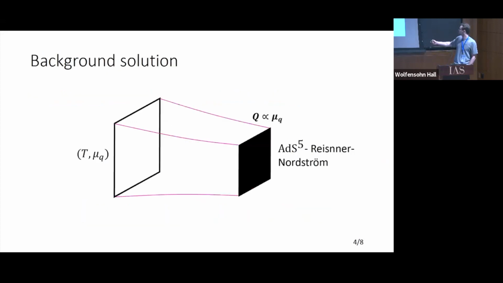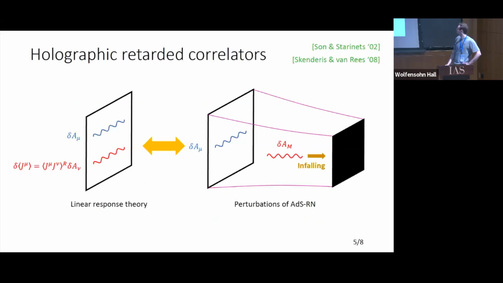All right, so the background solution that we use describes an equilibrium state at finite temperature and quark chemical potential, which is dual in the bulk to a charged black hole with charge proportional to the chemical potential. And then we want to compute the retarded two-point function for the chiral currents in this equilibrium state.